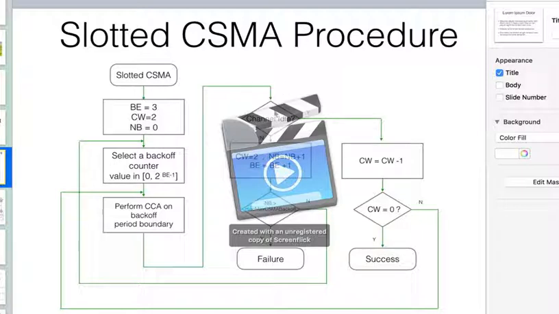And if the channel is busy, the node will return to the next backoff stage, and it will increase the values of NB and BE by 1, reset the contention window value to its initial value of 2, and select a new random value in this window, and then this procedure is repeated until the packet is transmitted successfully.